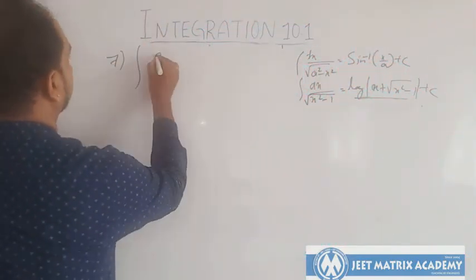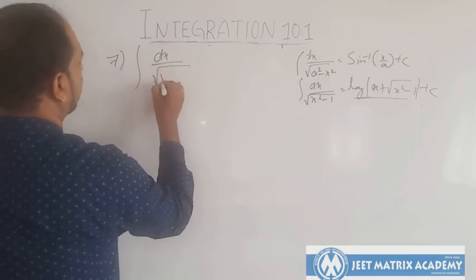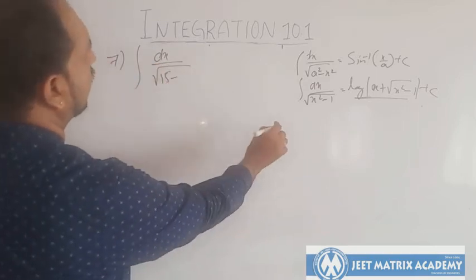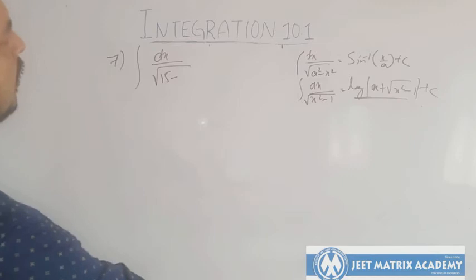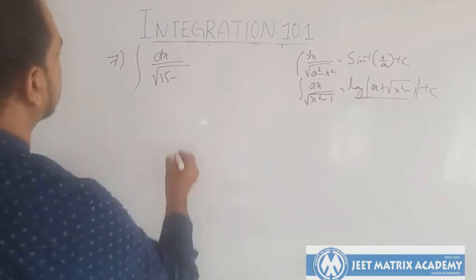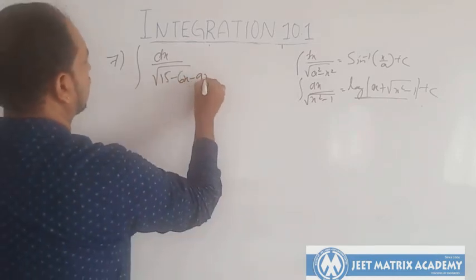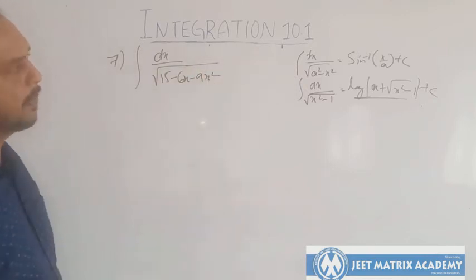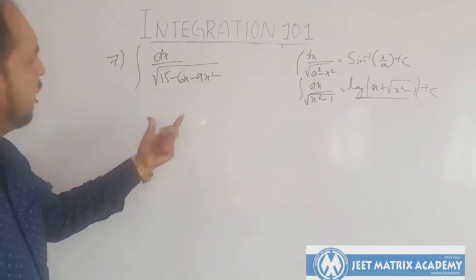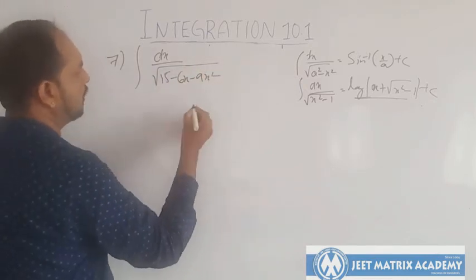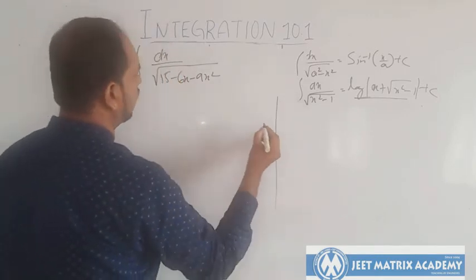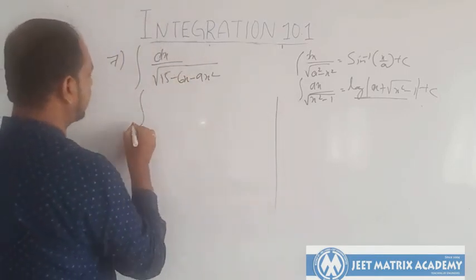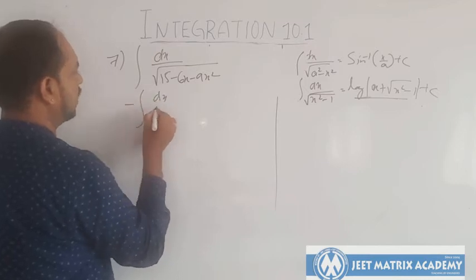Integration of dx divided by root of 15 minus 6x minus 9x square. Again, simplification is very important. So first I'll rewrite this by taking the minus sign outside.